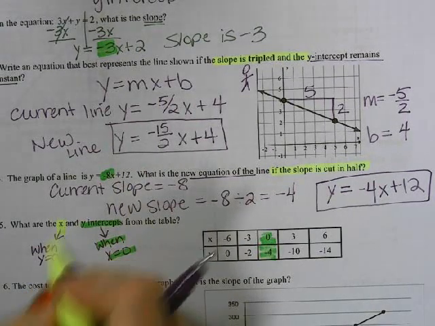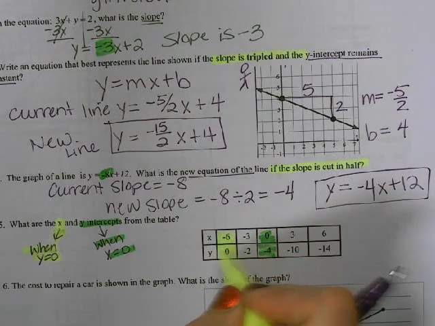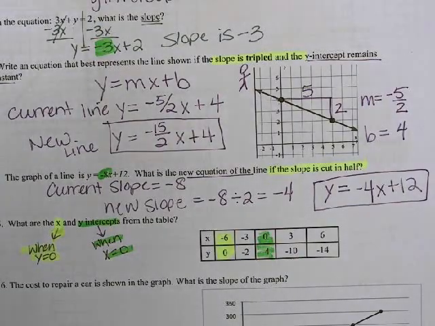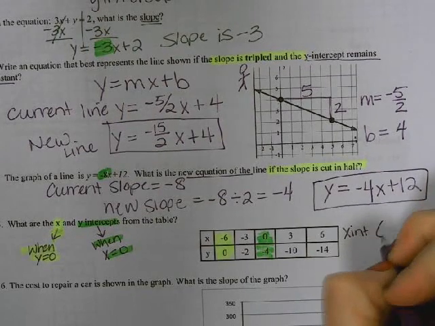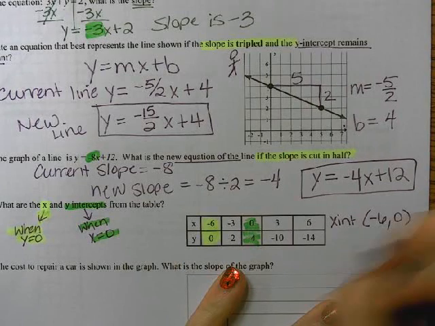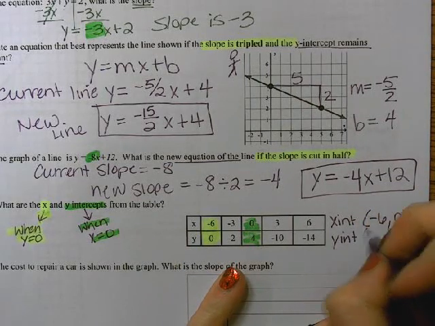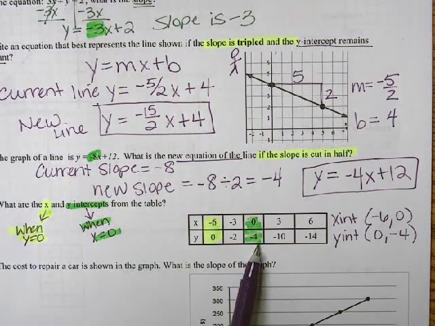Make my x-intercept yellow, find when y is 0, and highlight it. So the x-intercept is going to be negative 6, 0, and the y-intercept is going to be 0, negative 4. Okay.